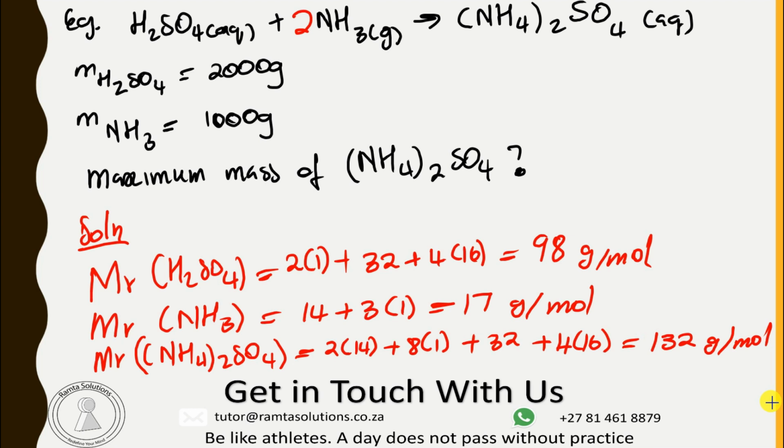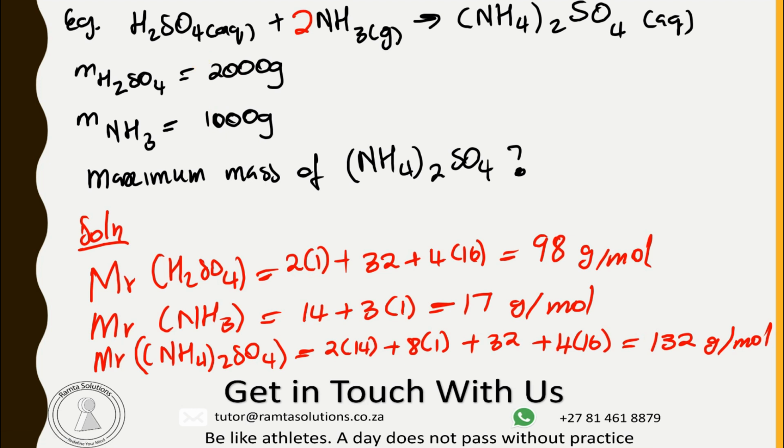So these are the molar masses of the 3 substances. This question will be tricky because you are just given masses, not number of moles. But because we have done mole mass ratios, we can do this easily.